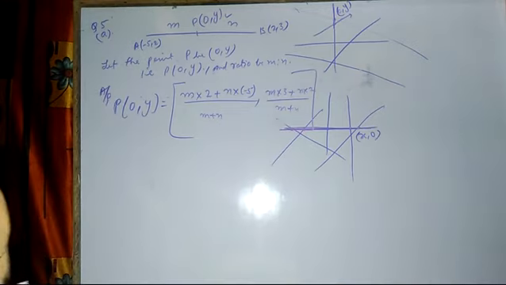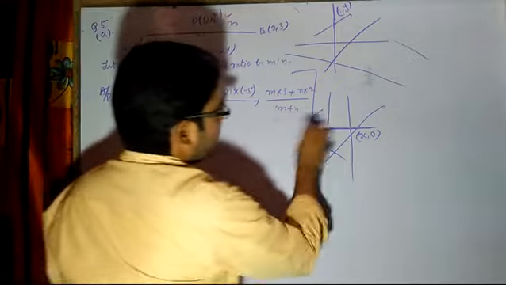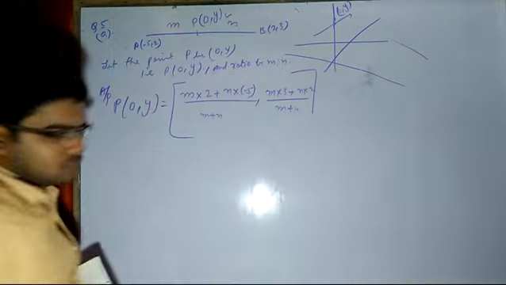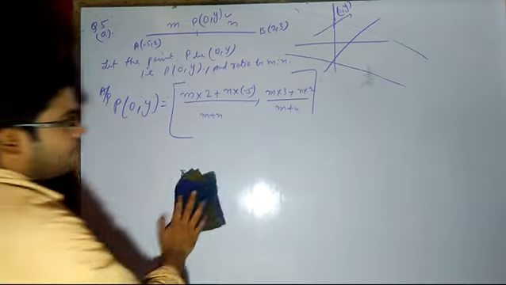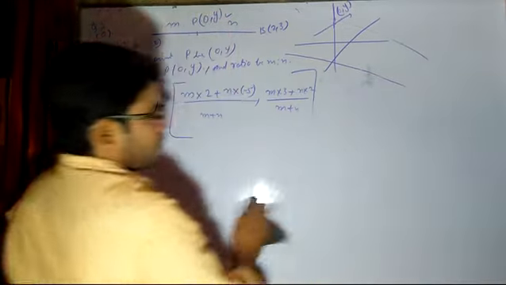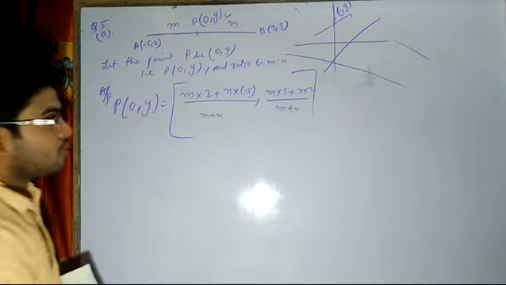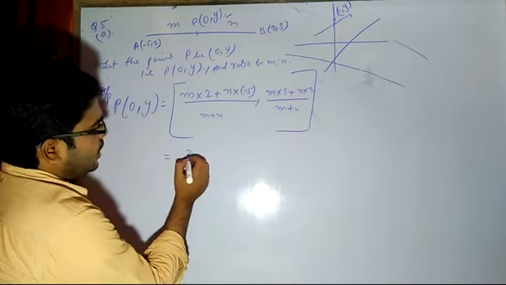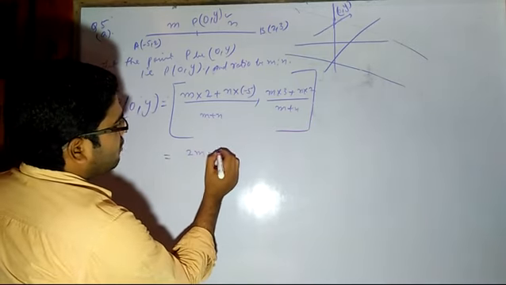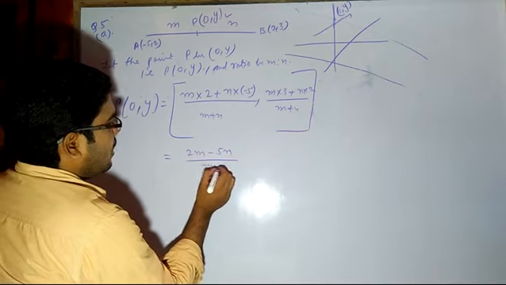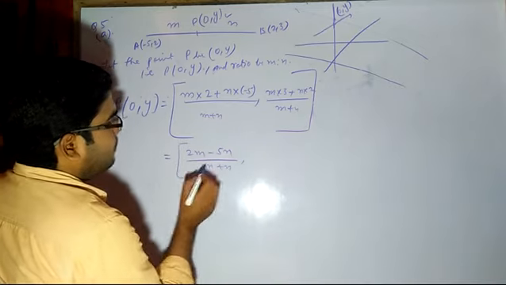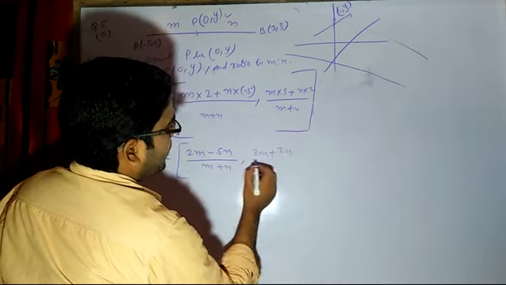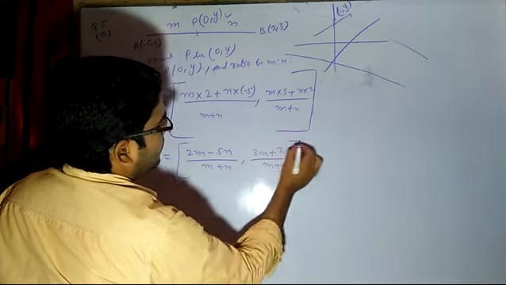Okay, now after this you see what we can do here. So here you can write (2m minus 5n) by (m plus n), comma, (3m plus 2n) by (m plus n).